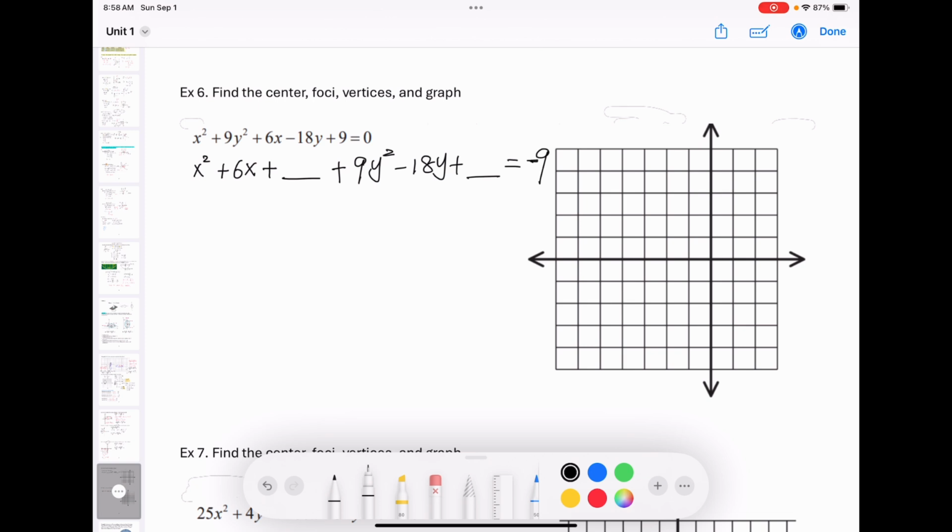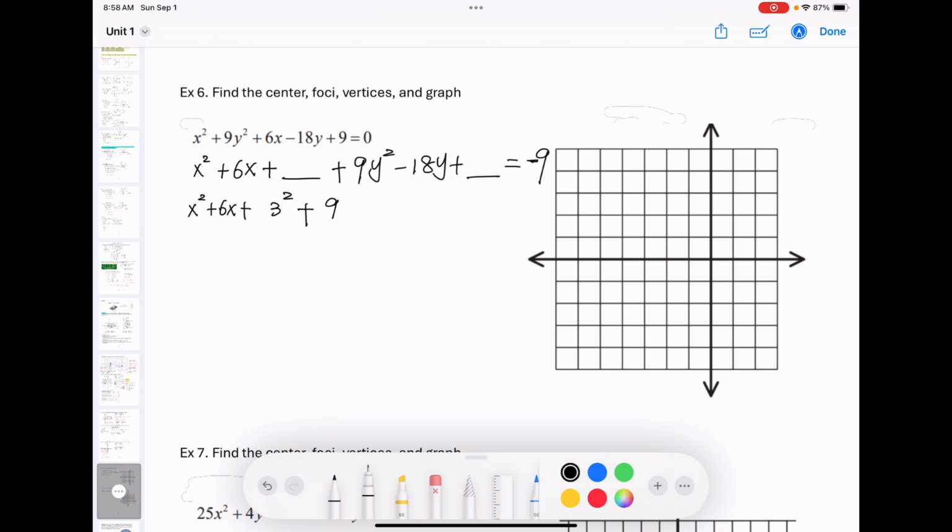What should I fill in the blanks? We should put half of the 6, so x squared plus 6x plus half of the 6 squared, which is 3 squared. So half of the 6, then you square it.